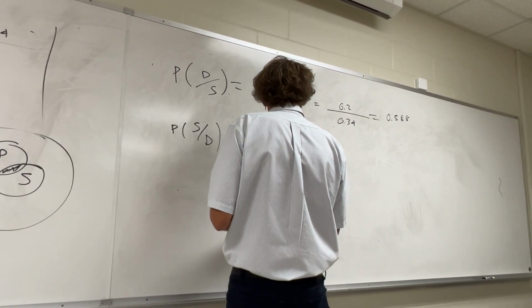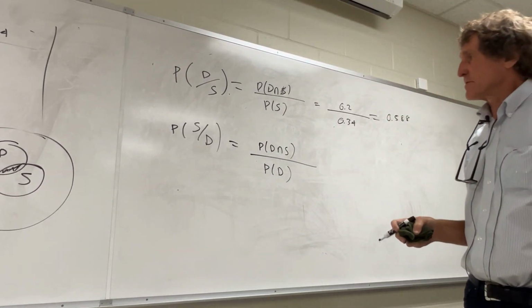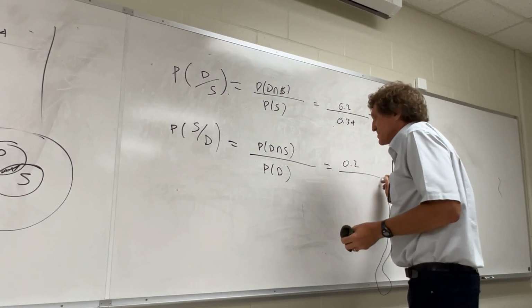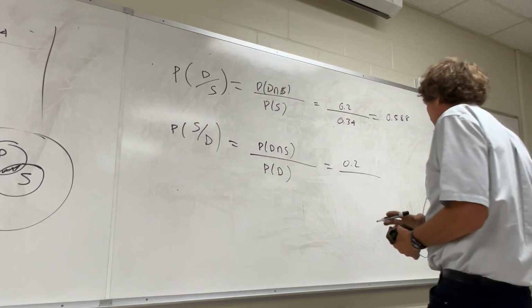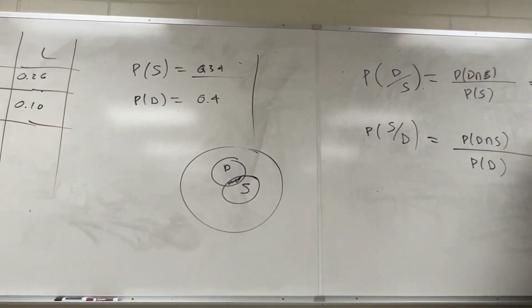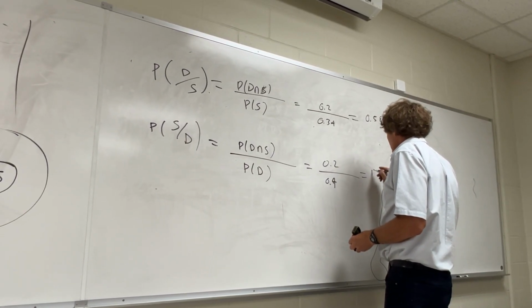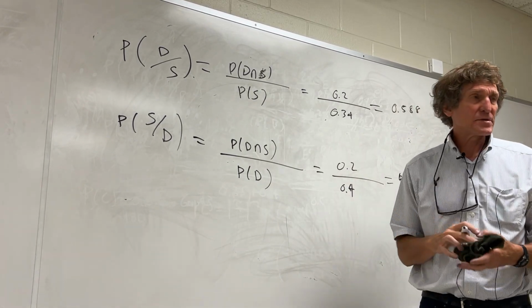Downstairs it becomes this, doesn't it, class? The probability a decaf was selected. On top it's still 0.2, and on the bottom it's 0.4. That's exactly 0.5, or 50%. Agreed?